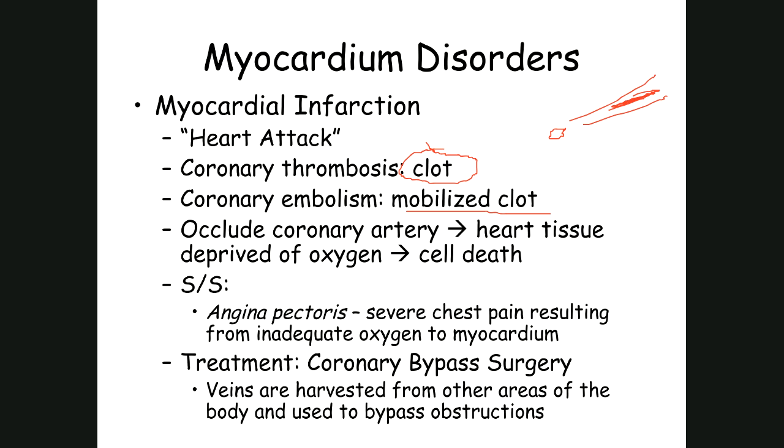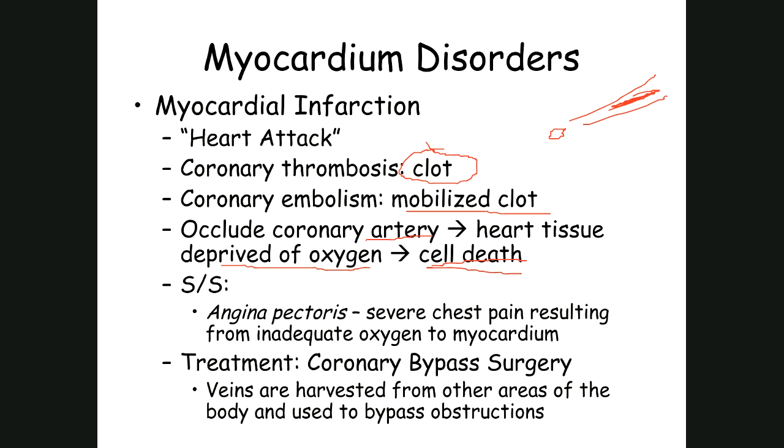And then there will be an occlusion of the coronary artery. Occlusion means the block. The heart will receive decreased oxygen, and if there is a decrease in oxygen, the cells will die. So there will be cell death.